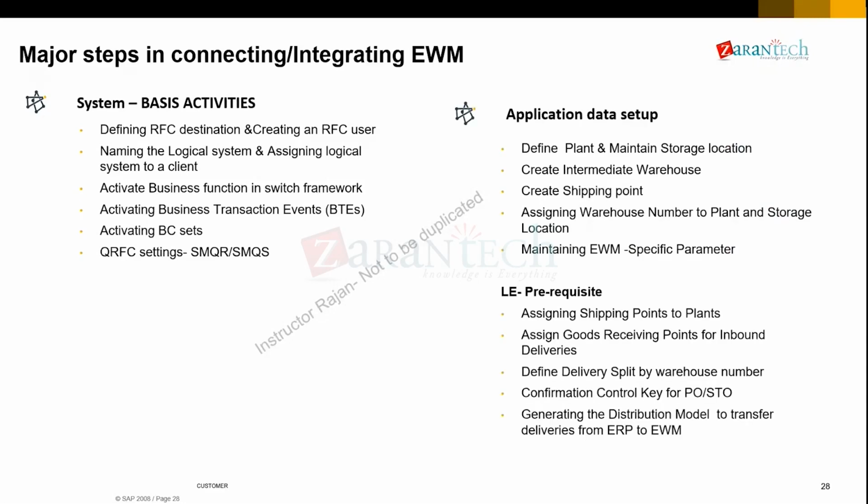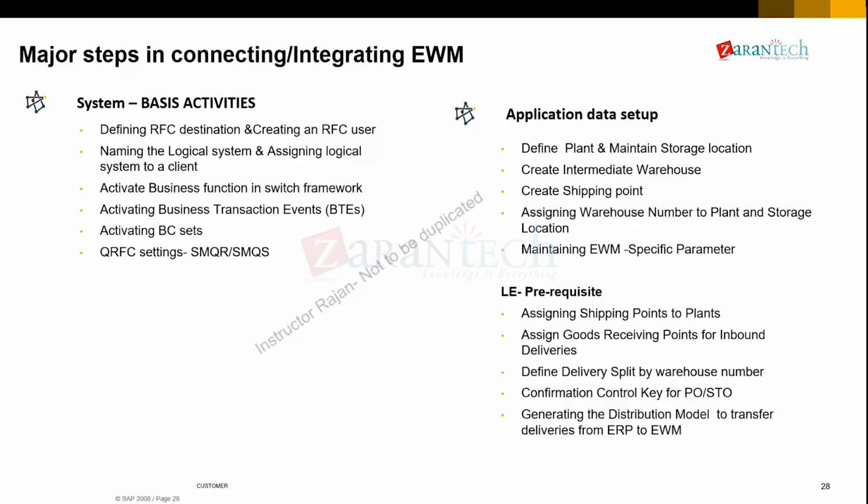Then the functional consultants just need to extend the planned storage location, basically assigning the storage location to the warehouse, the intermediate warehouse. The intermediate warehouse is a technical requirement, just a flag bearer that carries the linkage to the EWM system. Create shipping point, which is especially applicable when it's decentral EWM.